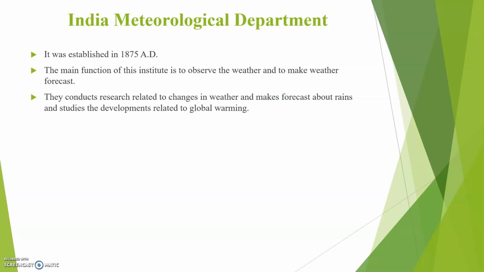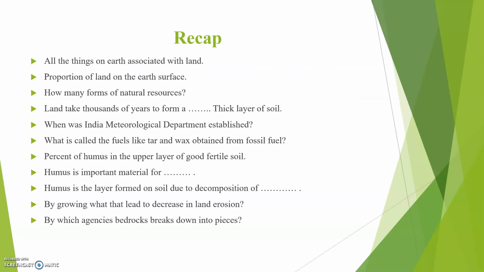Like today rainfall will be the maximum, or today there will be chances of a cyclone. All these things are done in the India Meteorological Department, as well as studying developments related to global warming. So it is very important to get the news of our climate and weathering, right?